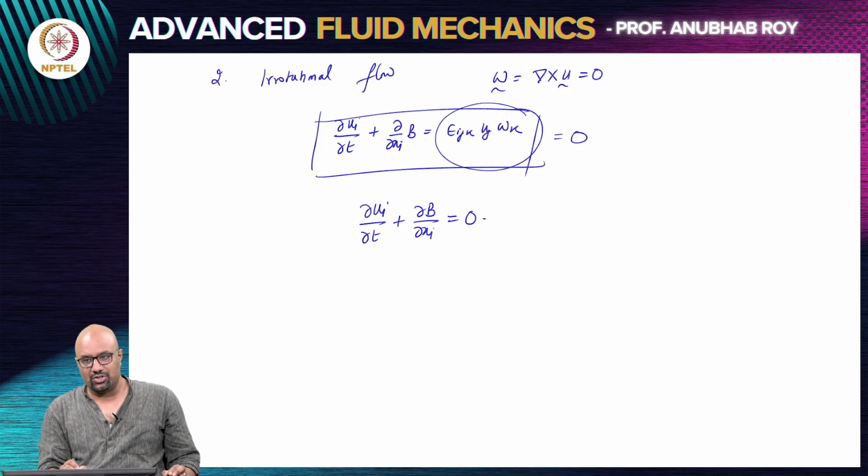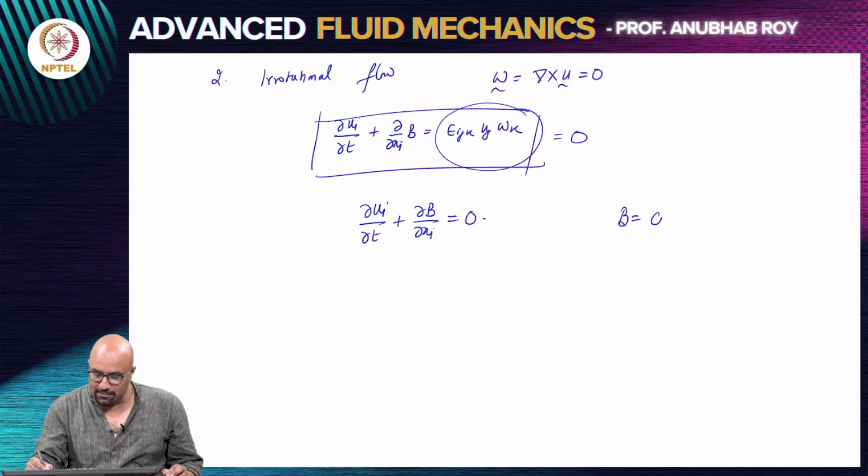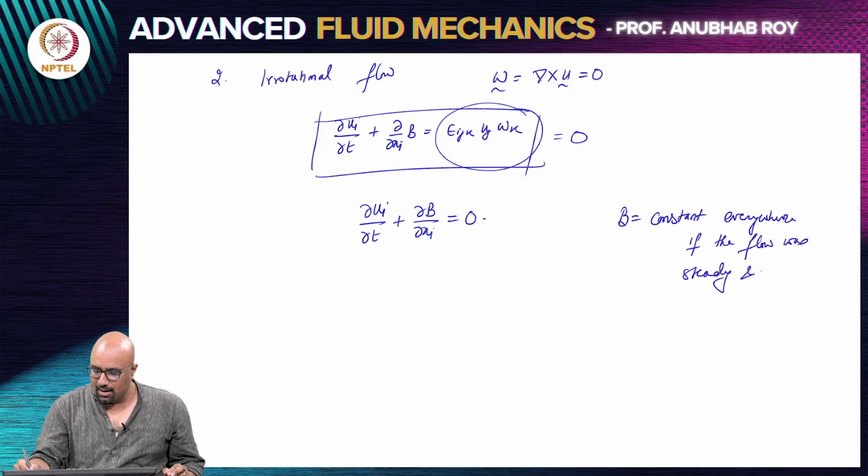So, I can think of b to be a constant everywhere if the flow was steady and irrotational.